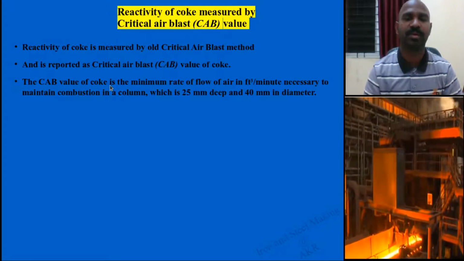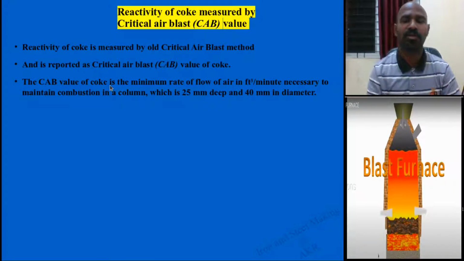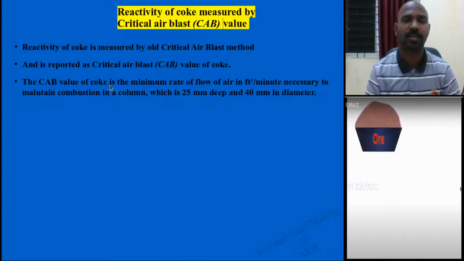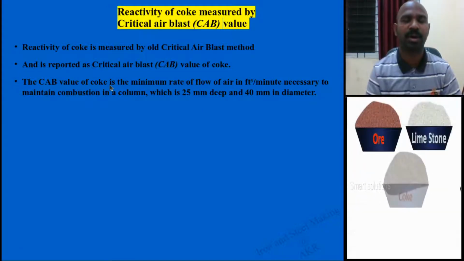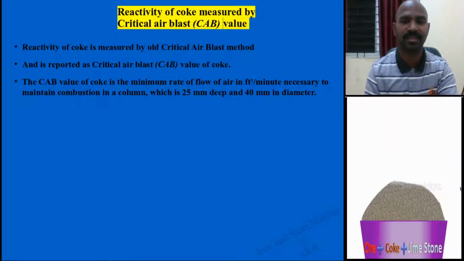You took this standard column and observed the minimum rate of flow. This resembles the entire blast furnace height, which gives a clear idea. So that is one way of calculating the CAB value.